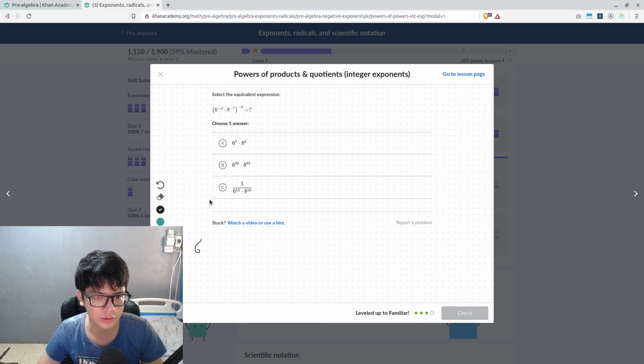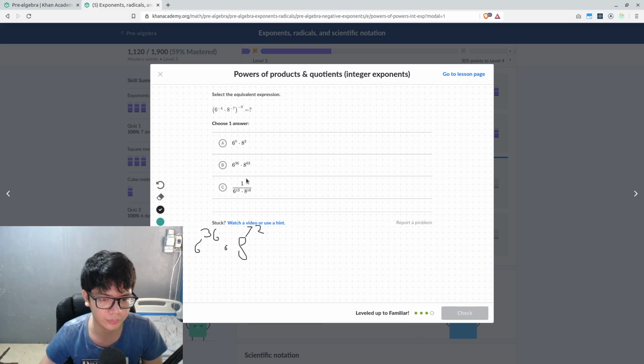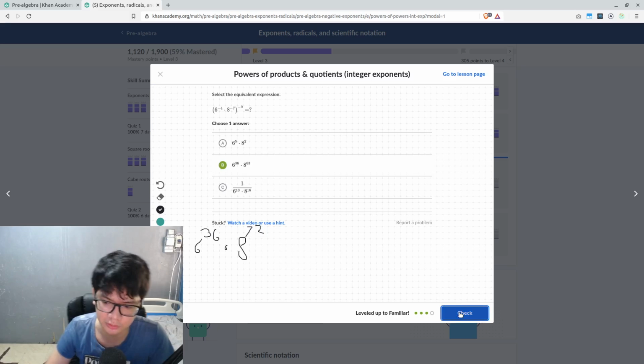This is 6 raised to positive 36 multiplied by 8 over 7. 63 actually.